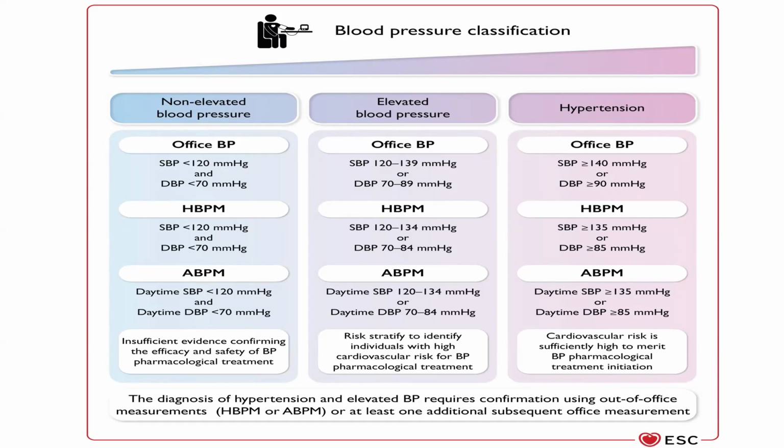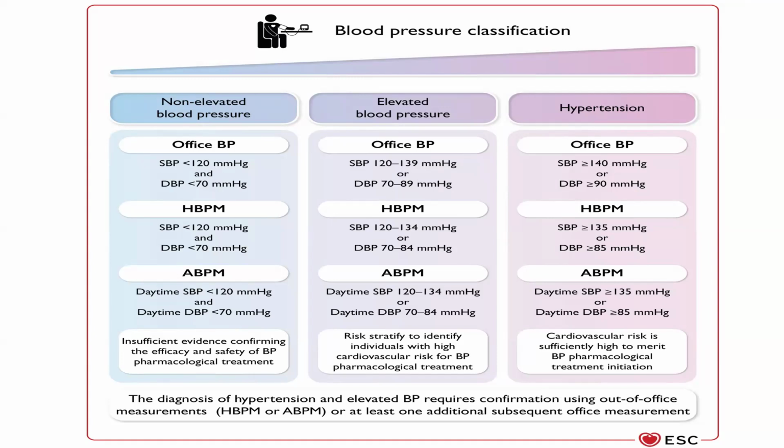So diagnosing elevated blood pressure using ambulatory blood pressure monitoring, it's between 120 to 134 systolic and 70 to 85 diastolic. Then hypertension is greater than 135 millimeters of mercury systolic and greater than 85 millimeters of mercury diastolic for daytime measurements.